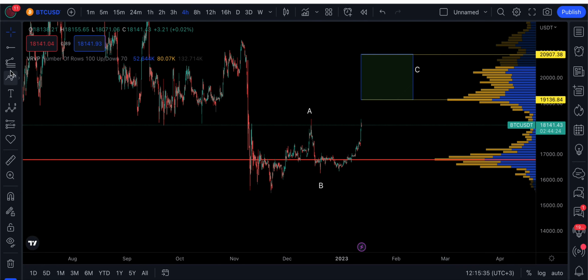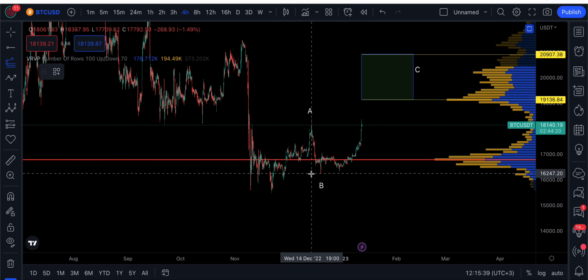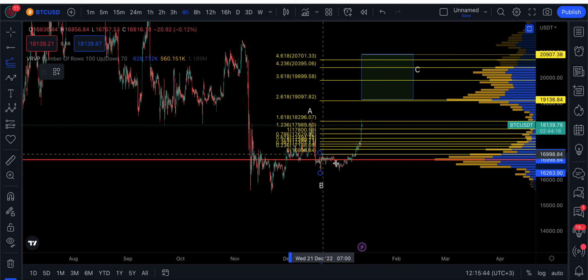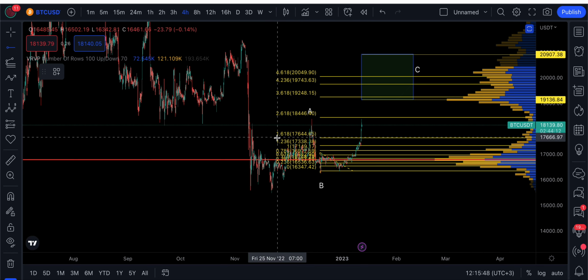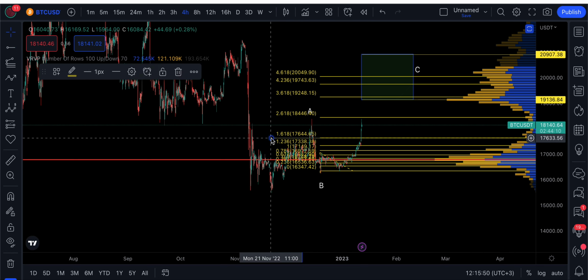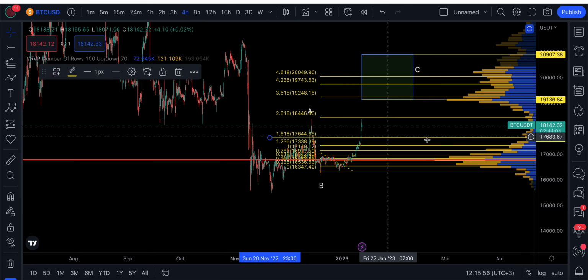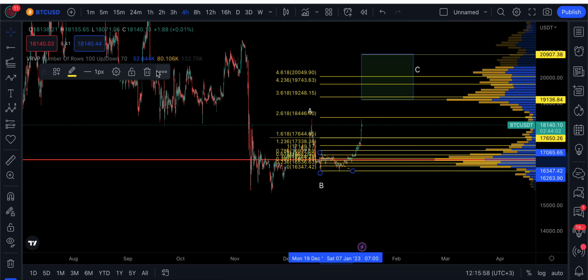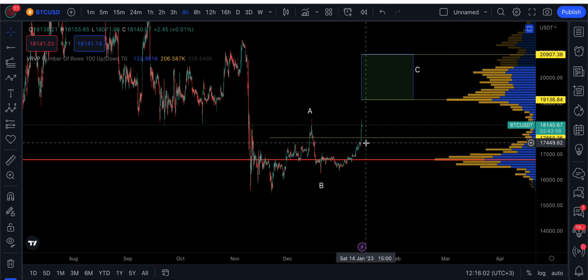Wave 3 usually terminates around the 1.618. If we measure from this low here to the top to the bottom, 1.618 is around this area. I'll mark it so that it's visible. This is the line right here, the 1.618 area. We have extended, right? It was supposed to end here and retrace, but we just cut right through.